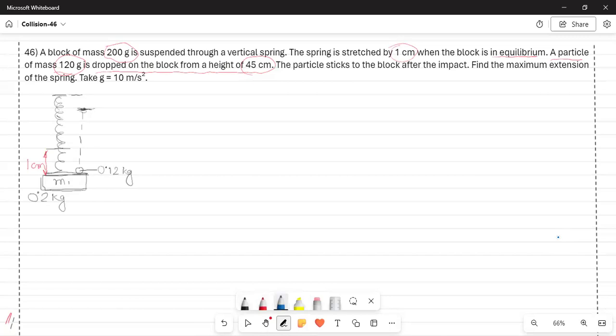And it also says this height is 45 centimeter, that means 0.45 meter.